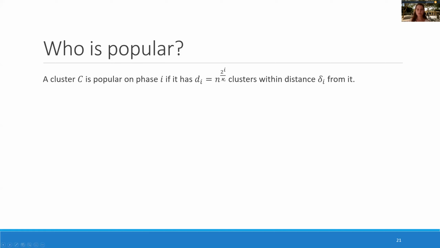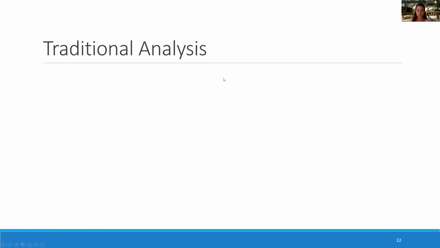This degree sequence was also used in previous papers that used the superclustering and interconnection approach, because it essentially enables one to claim that in each phase we contribute at most n to the power of 1 plus 1 over kappa edges. We show here that we can argue that each phase contributes much, much less.